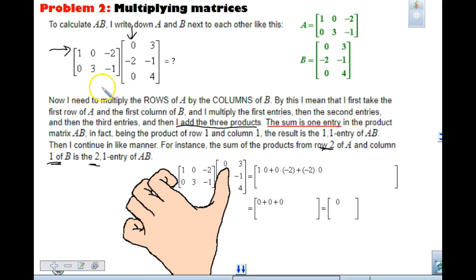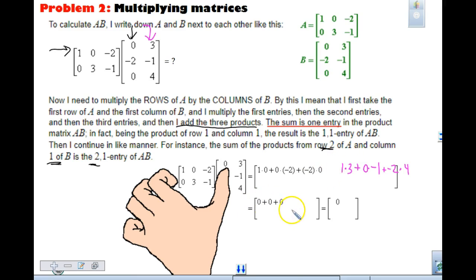We are now going to take this 1, and we're going to go back here. So we're going to do 1 times 3. Write it down, 1 times 3 plus 0 times what? Got to go down this one. So now we're in the second one that we're going down. 0 times negative 1. And then I'm going to add negative 2 times 4.